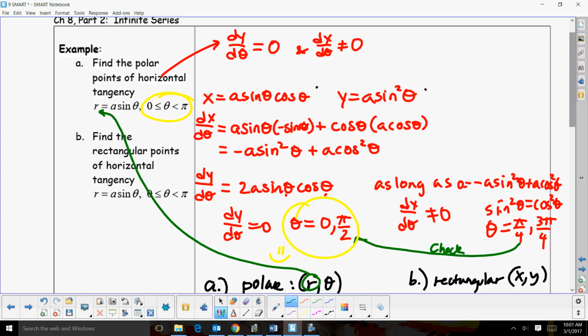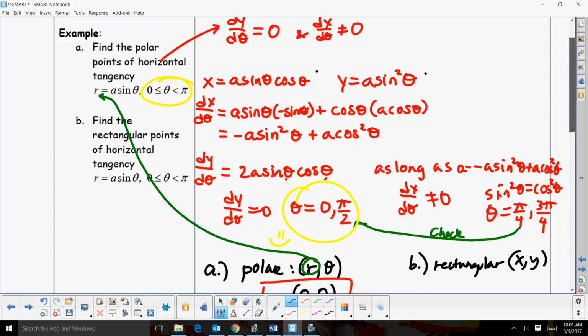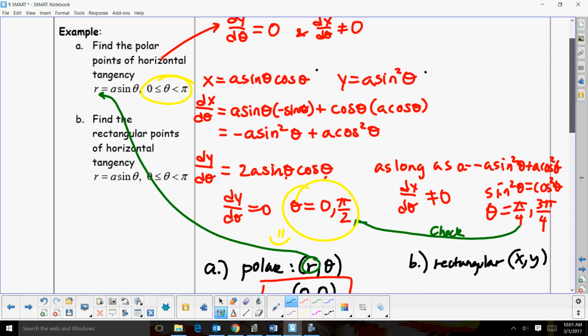Either way, you're going to get the same thing. So let's plug my theta into the x up above and see what happens. What was the first one? 0? Oh, well, that's easy. What does that give me? 0. And plug in the 0 into here, and what do I get? 0. 0.